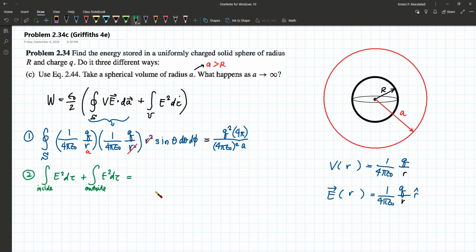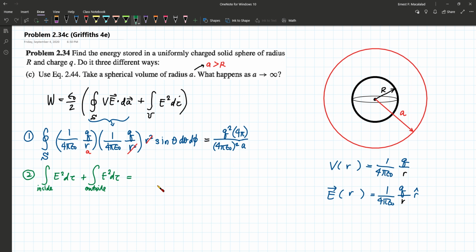Okay, so we already know that the integral inside this solid charge sphere is given by what?